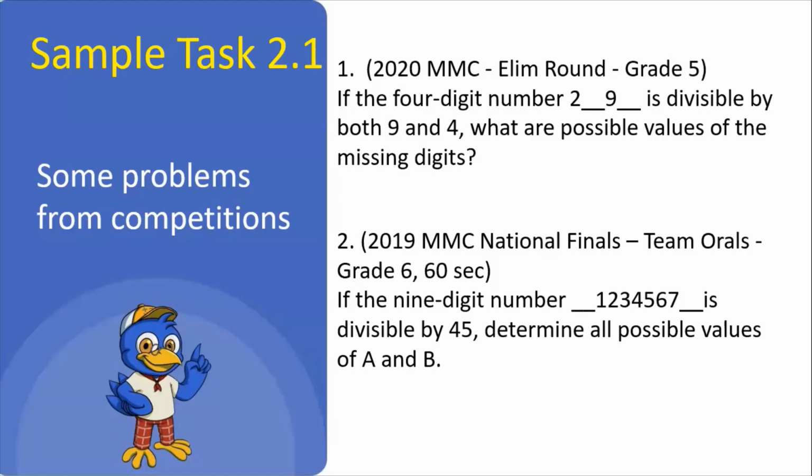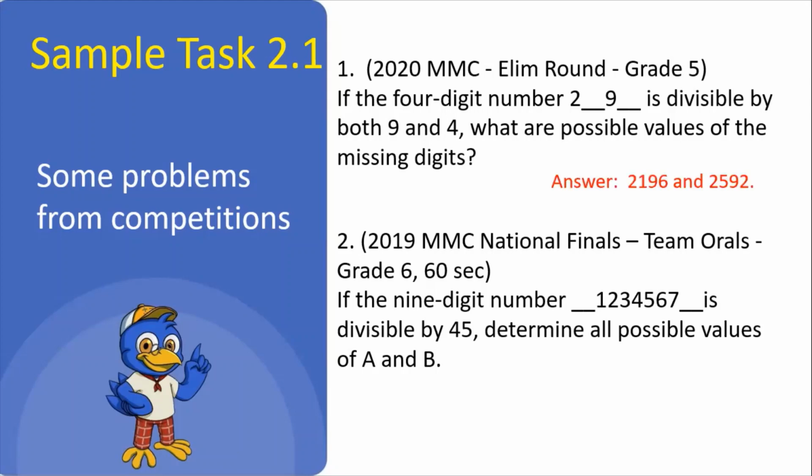What are the possible values of the missing digits? Another problem appeared in the 2019 National Finals of the MMC oral competition: if the 9-digit number A 1, 2, 3, 4, 5, 6, 7 B is divisible by 45, determine all possible values of A and B.